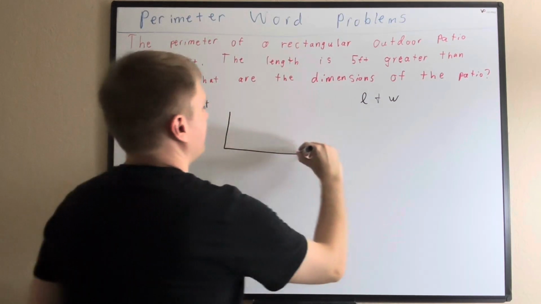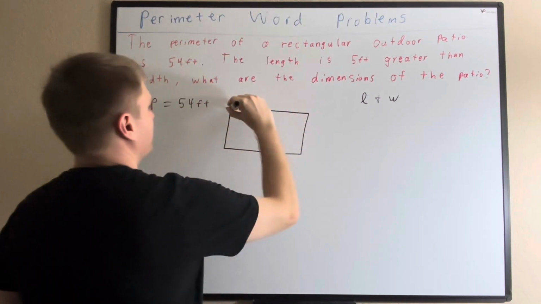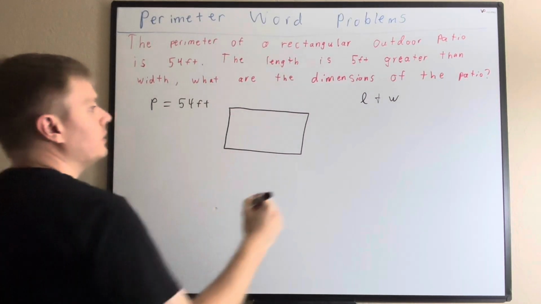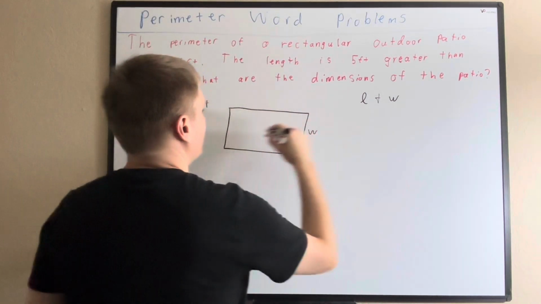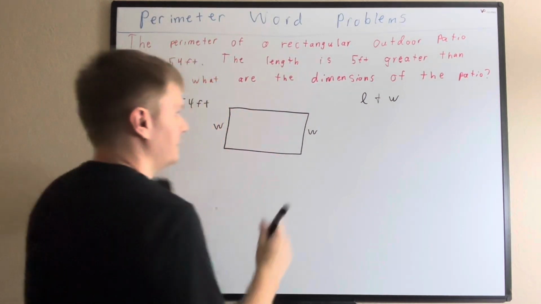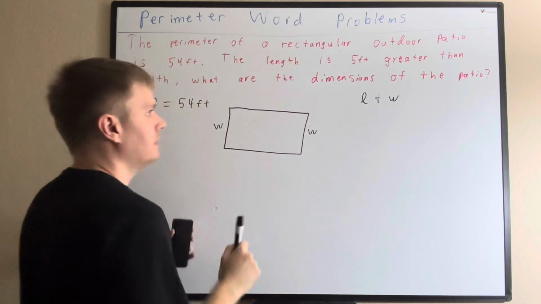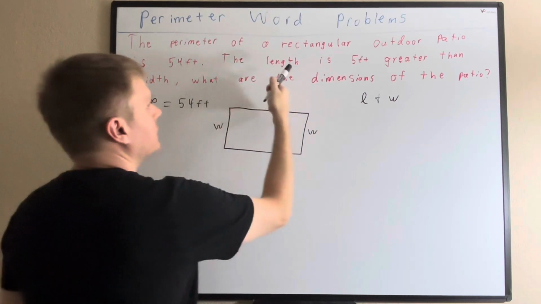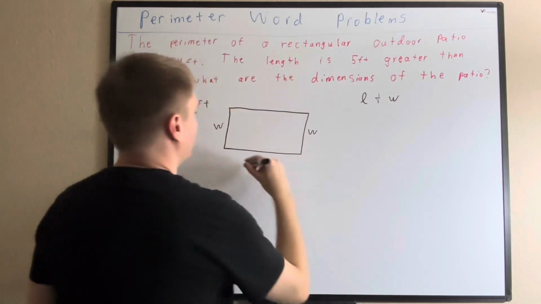And with problems like these, I like to draw myself a picture. It just helps visualize it, you know. We don't know what the width is, but we want to represent it with a W, just to make sure we're clear on what's W and what's L. L is length. So the length is 5 feet greater than the width.